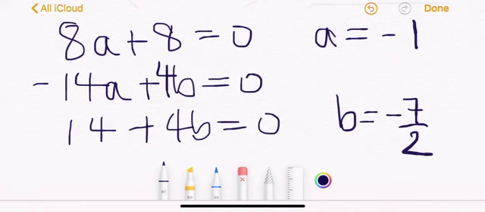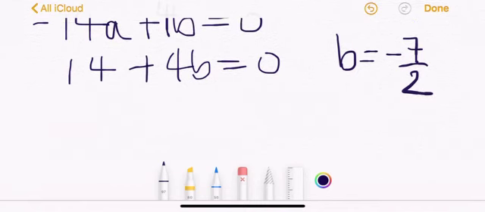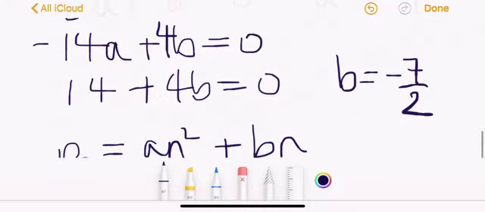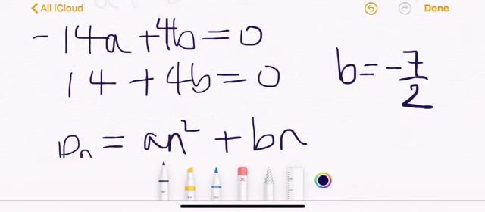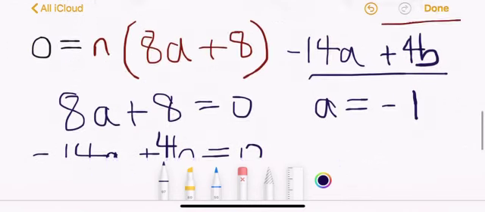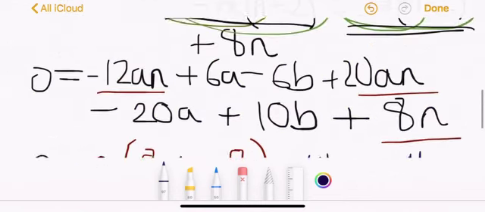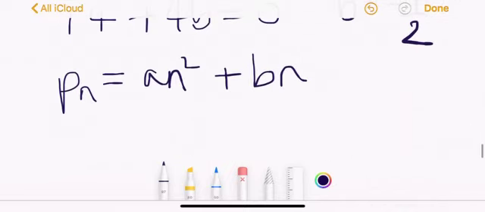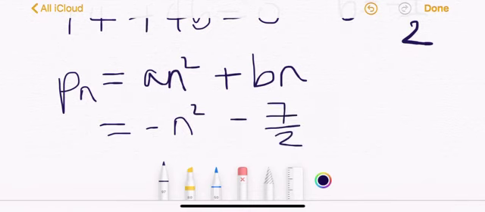Okay, so we found P_n. We know that P_n is an squared plus bn, but we know a is minus 1 and b is going to be, checking that I've done this right, minus 7 over 2.